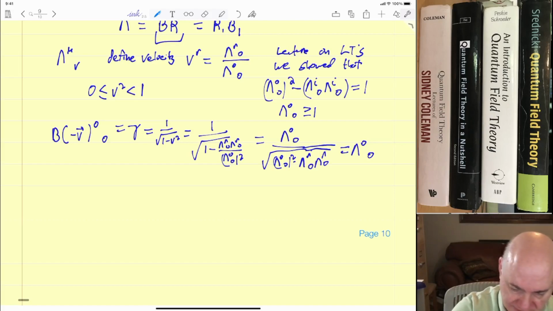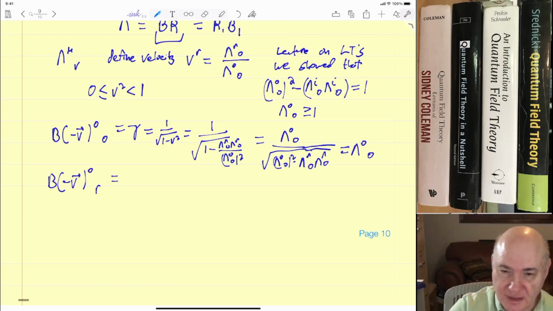So now let's calculate some other values of a boost. None of this is obvious. I'm just copying a proof that was in one of my books. So B of minus v, component 0 r. What is that equal to? Let's go back to the Maple worksheet.